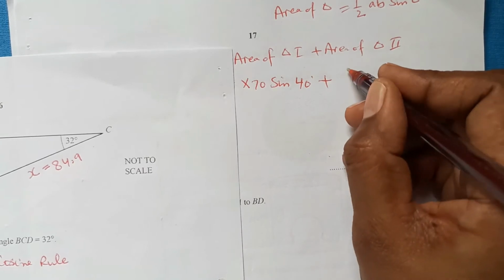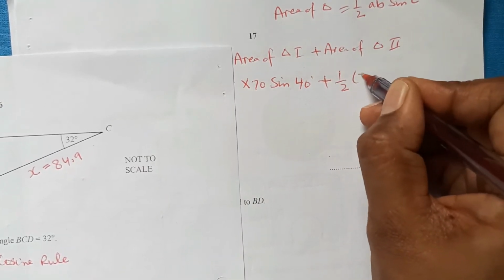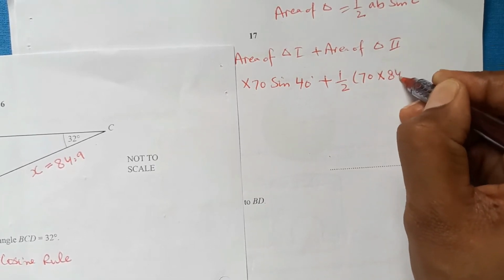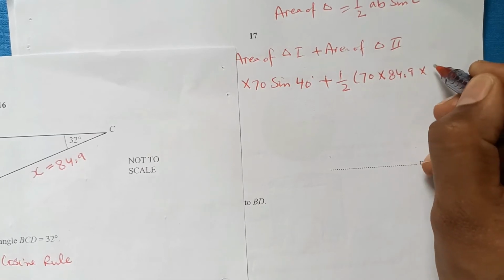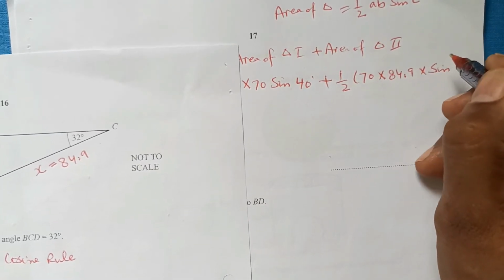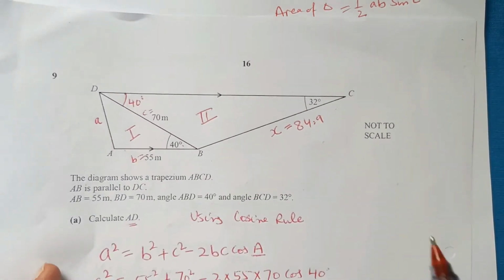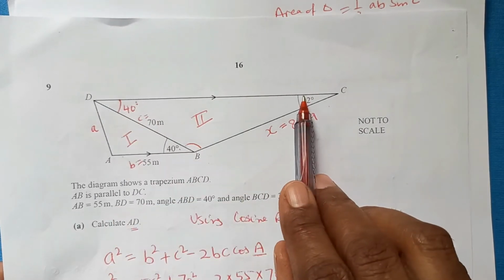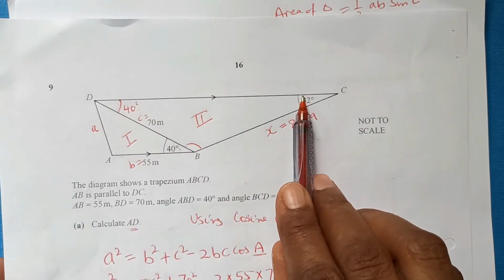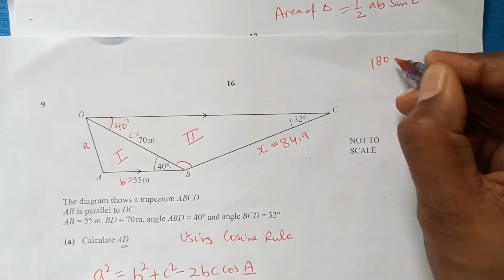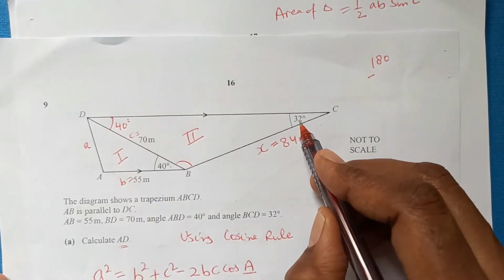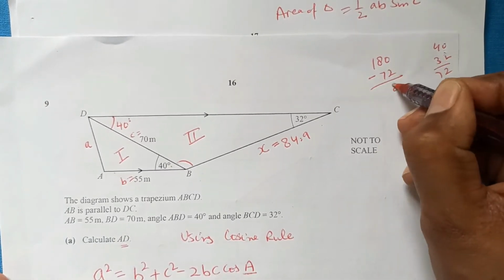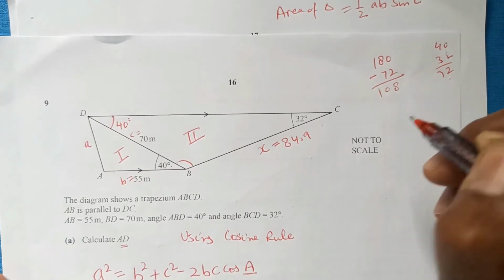So I will have here half of 70 times 84.9 and times sine of this angle. It is 32, but we need this angle. This angle will be 180 minus 40 plus 32, this is 72. So this comes out to be 108 degrees.